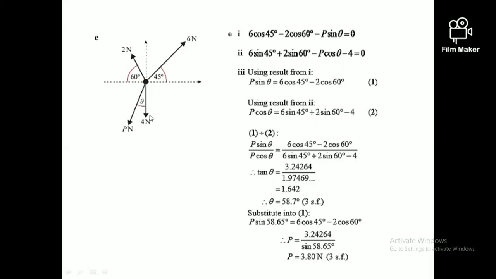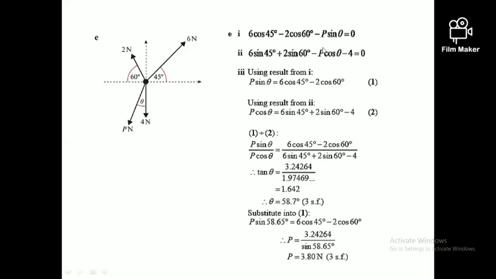Then if you work out the horizontal forces, 6 cos 45 minus 2 cos 60 minus P sin theta equals 0. One equation. If you get the vertical forces, 6 sin 45 plus 2 sin 60 minus P cos theta minus 4 equals 0. From these equations, you can make P sin theta and P cos theta the subjects.